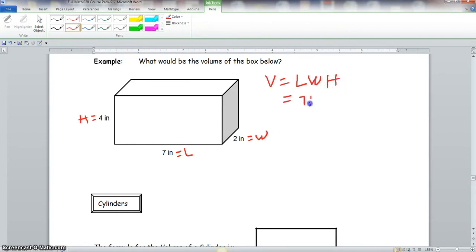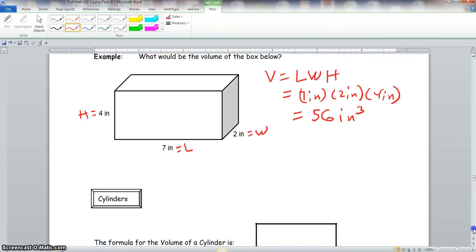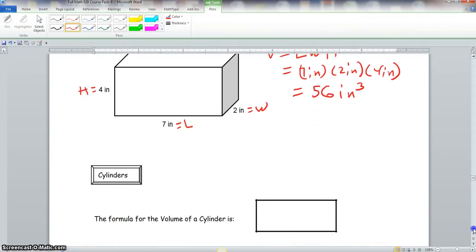The length, again, is 7 inches. The width is 2 inches. And finally, the height is 4 inches. 7 times 2 is 14, times 4 is 56. And inches times inches times inches is cubic inches. And that's the final answer for that problem.